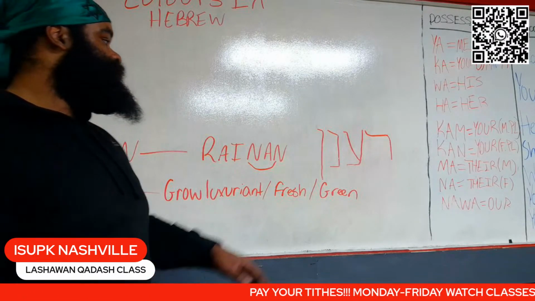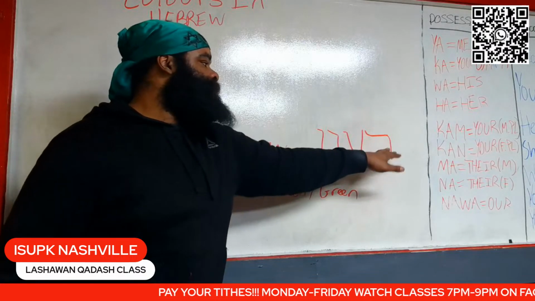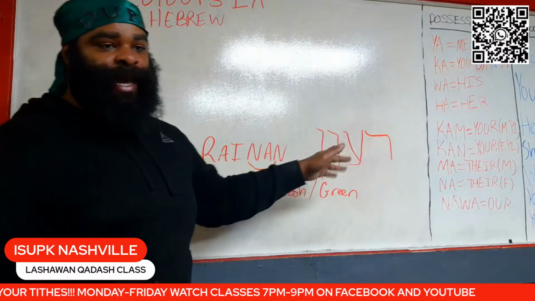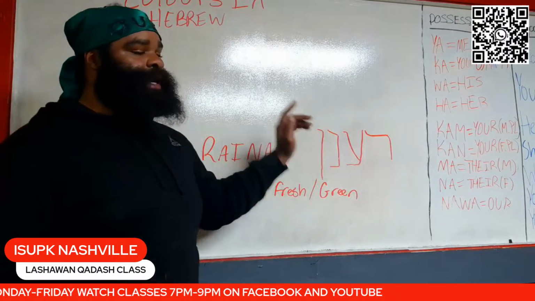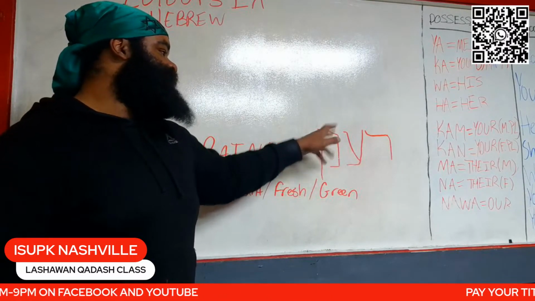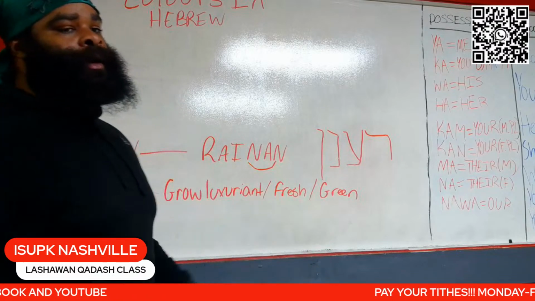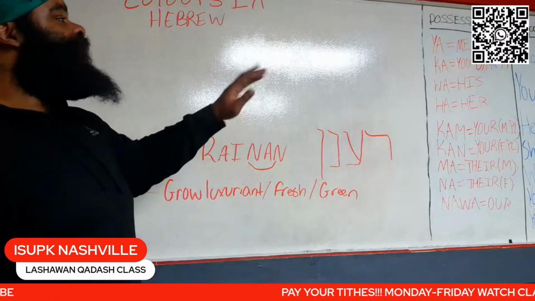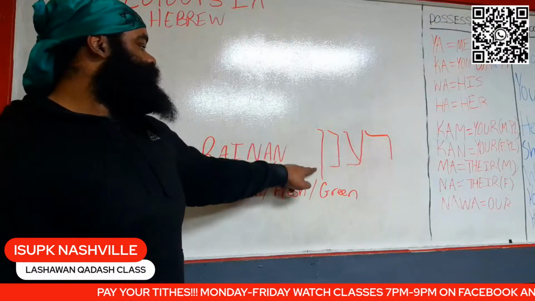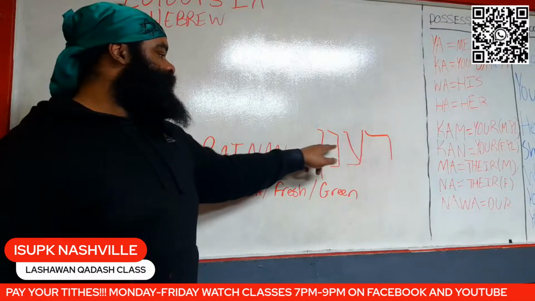So anywhere not at the end of a word, the character na is gonna look like this. That's how it's originally written. But if it's at the end of a word, it's gonna look like this. So that's na and that's na.